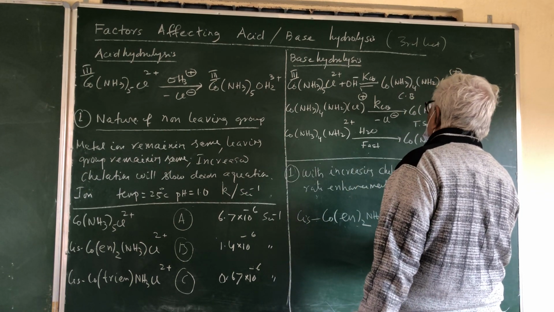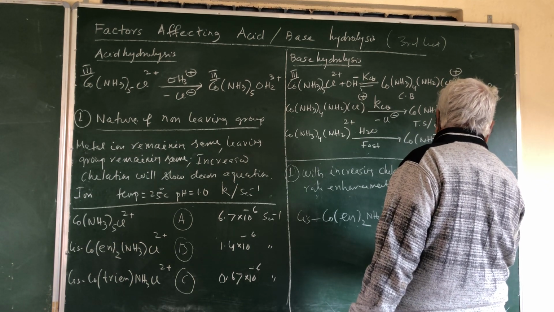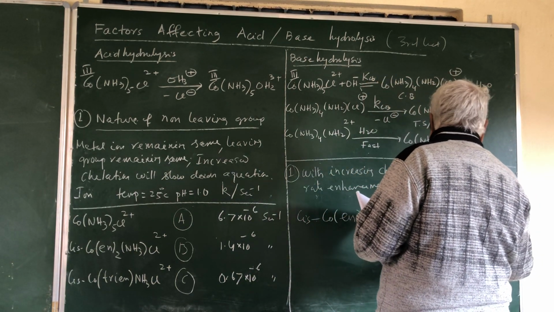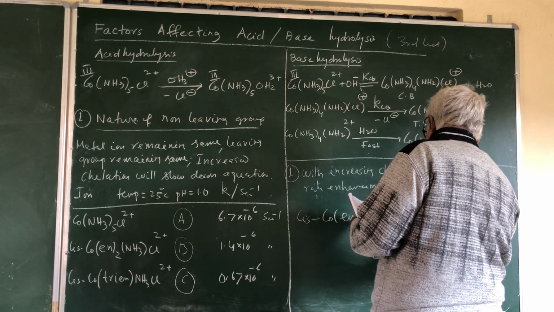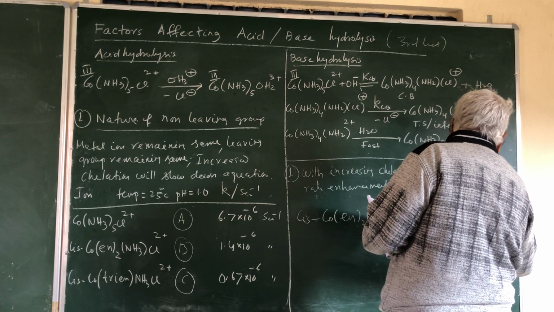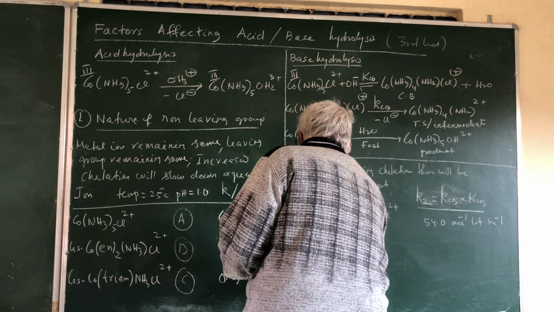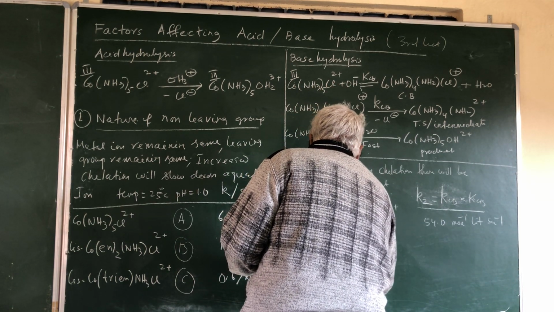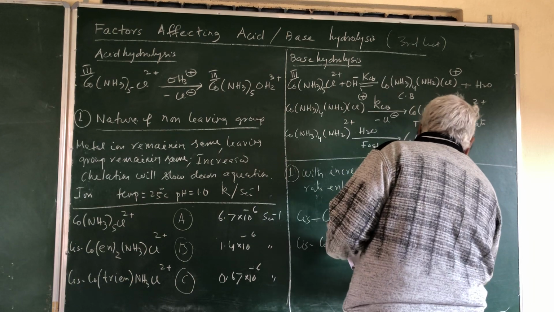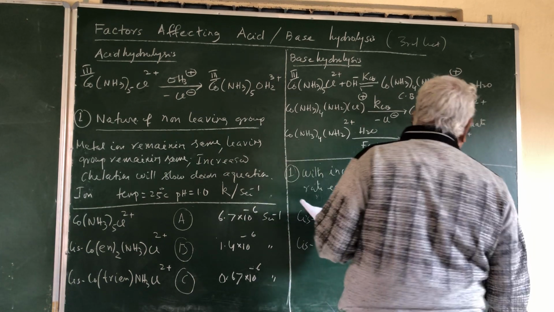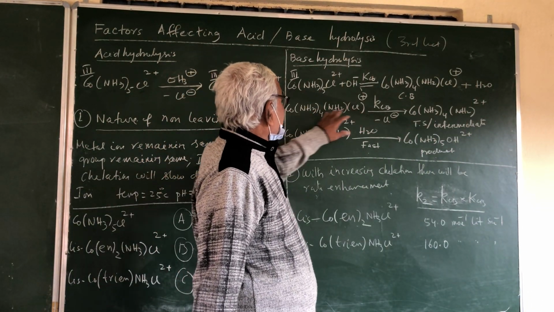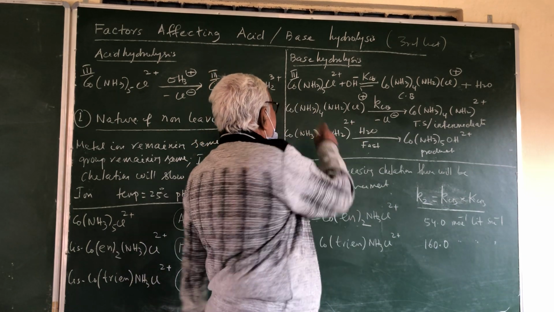K2 is equal to KCB. So here the reverse is the situation, because the rate depends on how fast the conjugate base is broken.